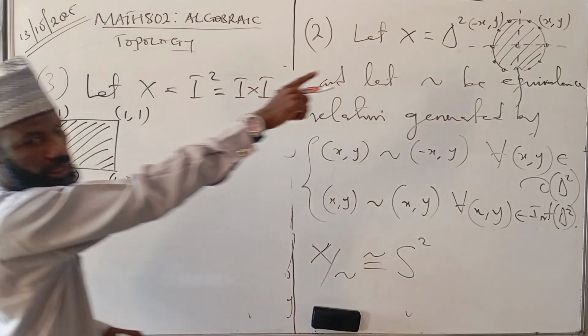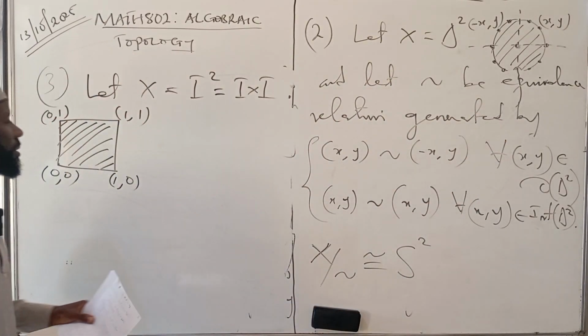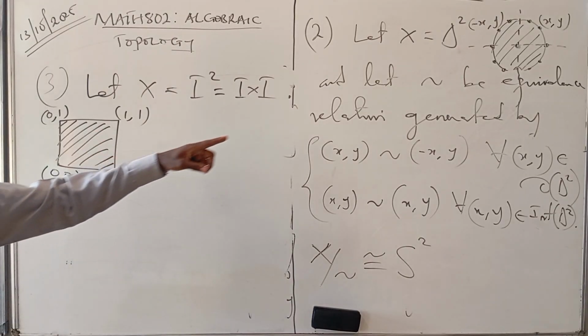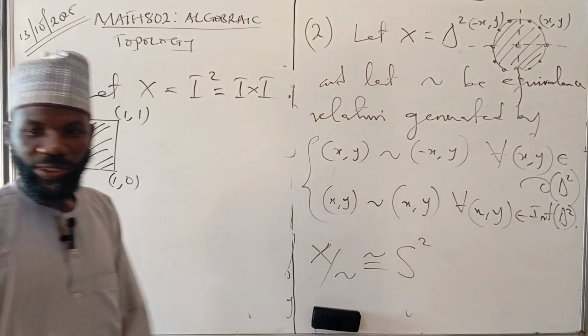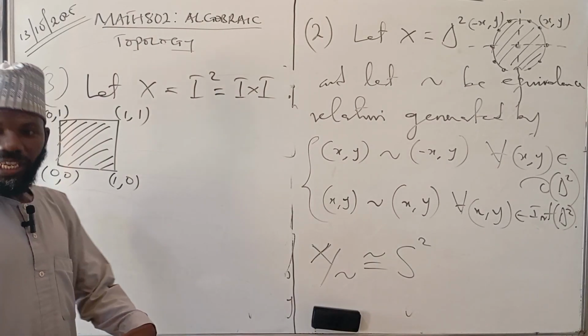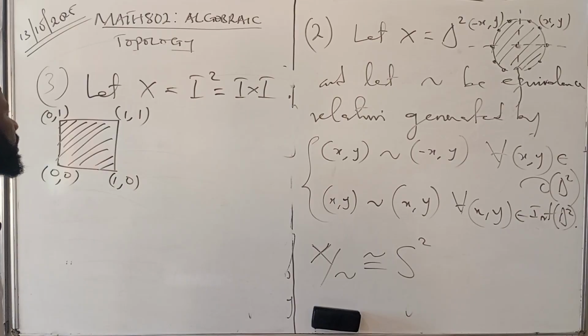This is isomorphic to that disk. Homeomorphic, sorry. I'm so used to the word isomorphism, but I mean homeomorphic. We are dealing with topological spaces, so same means homeomorphic. This is homeomorphic to a disk.